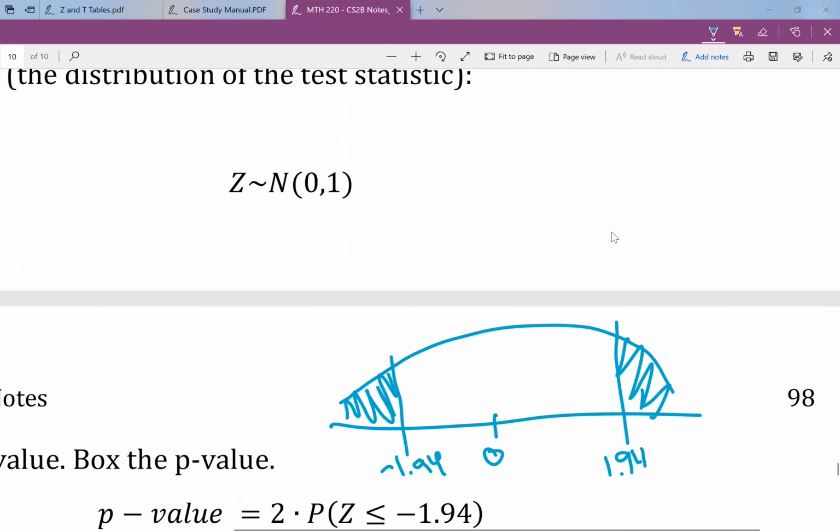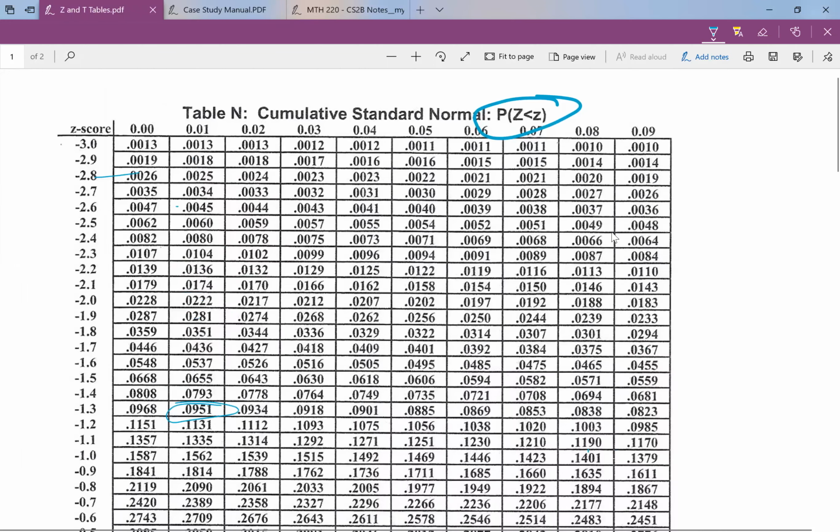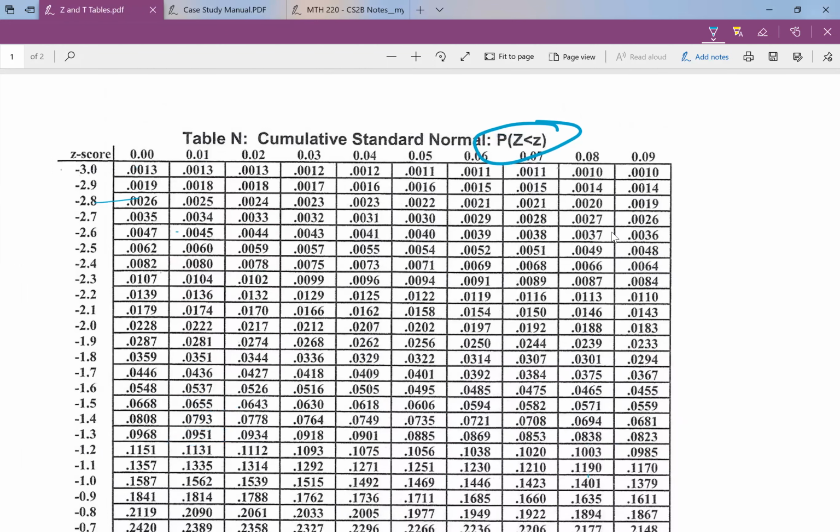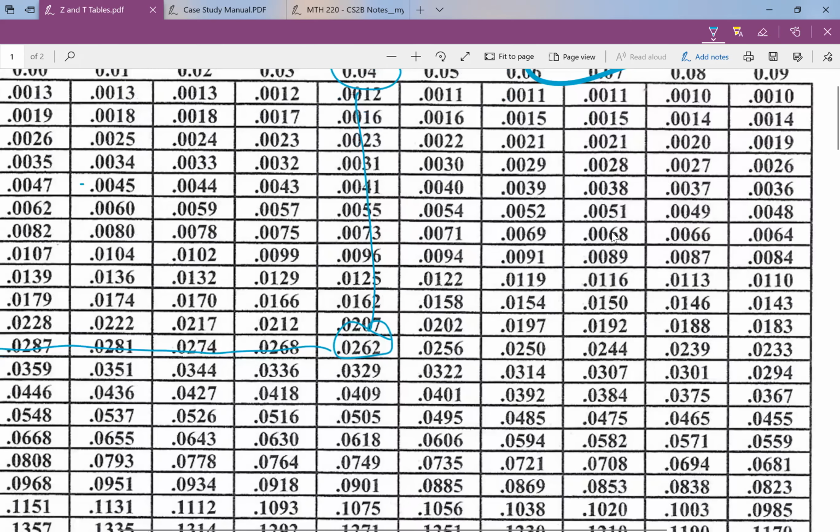Now we go to our Z chart and get that value. We're looking at negative 1.94: negative 1.9, we're on this row, and we want 0.04. Our number for one tail, the probability, is 0.0262.